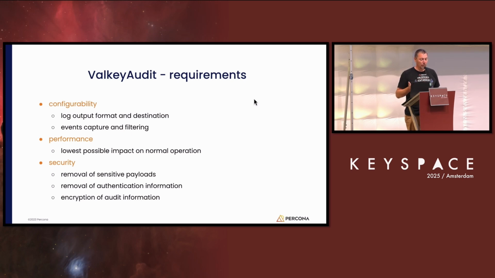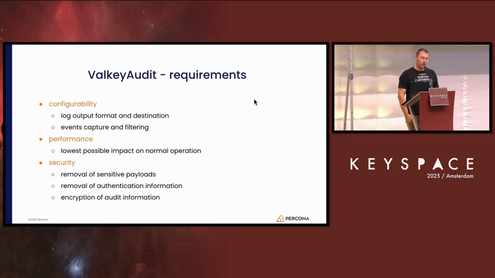So what you need for an auditing system, you want to have different log formats, right? Some systems may want a CSV format, some may like JSON, all that kind of stuff. So you want some configurability there in what the output looks like. You want to obviously capture events, right, that happen on the Valkey server, but you also may want to filter these because Valkey is known for its speed and its high throughput.